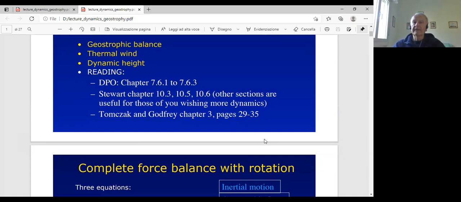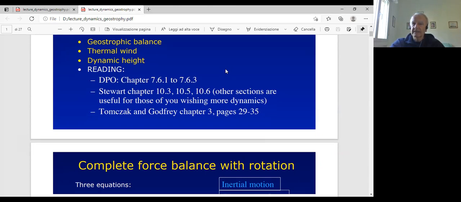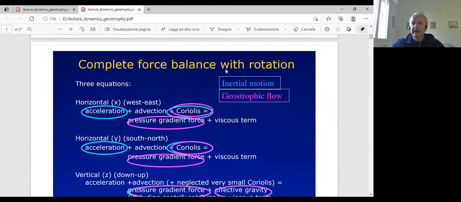So we will be talking about the geostrophic balance, so this is the force balance with rotation. As I told you before, we have here the complete equations with different terms.